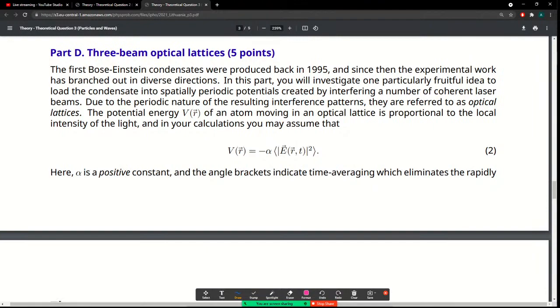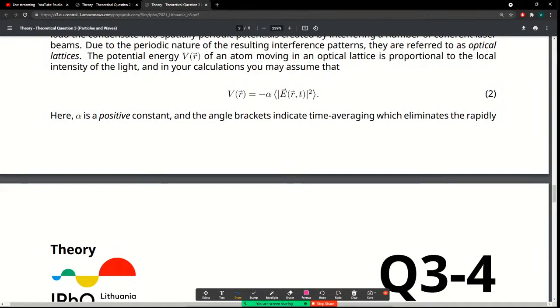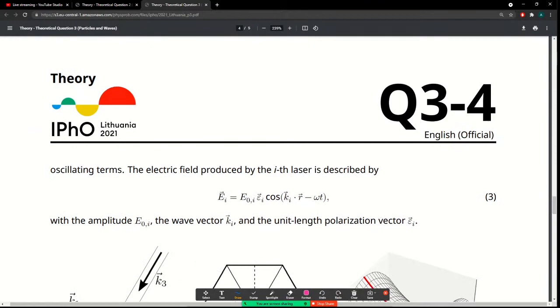And in your calculations, you may assume that V of R is equal to negative alpha times the average value of the electric field squared, RMS E squared. Here alpha is a positive constant, and the angle brackets indicate time averaging, which eliminates the rapidly oscillating terms.